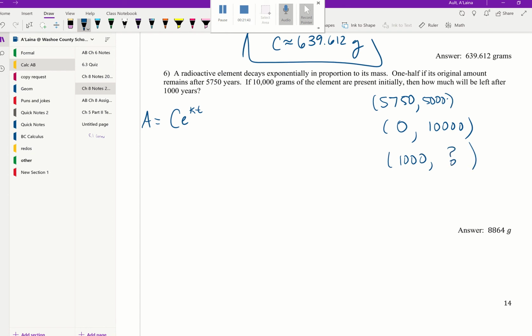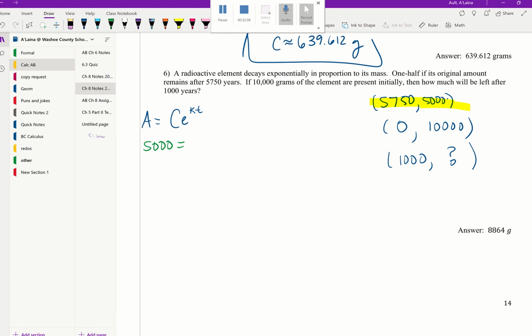Okay, so starting off perhaps with this ordered pair right here. I'm going to recognize that when I have 5,000 grams left after 5,000, when I start off with, now this is kind of interesting.